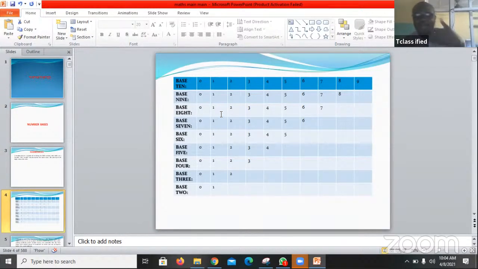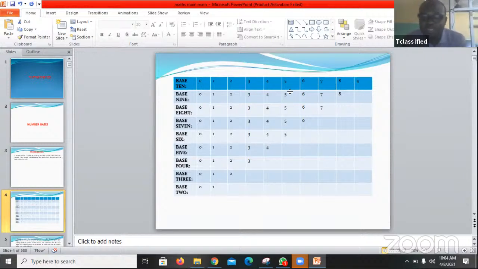But in our normal counting system in Nigeria, in the US, in Britain, they use what we call base 10. Because any number you want to get, you can get it from a combination of these numbers. Let's say you want 1 million. You pick only one of 1, then you pick 6 of 0. So you have 1 million. Let's say you have 956,000. That's the number you want to represent.